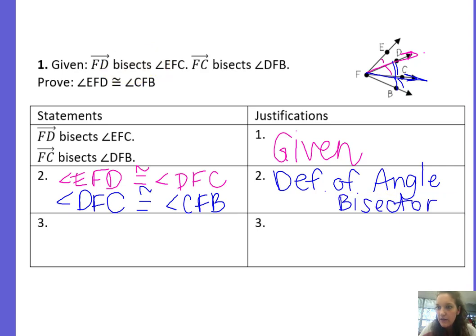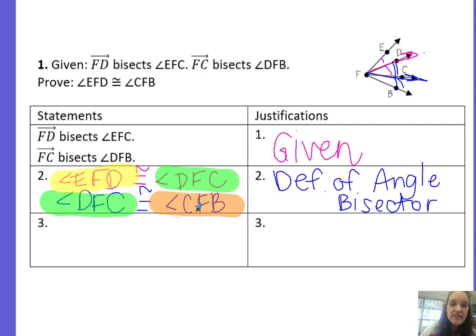And so the last thing is I am trying to prove that angle EFD is congruent to angle CFB. So here's angle EFD, it gets a color. Here's angle DFC, it gets a color. Here's angle CFB, it gets a color. How many colors did I use? 3. 3 starts with the letter T. T for transitive.